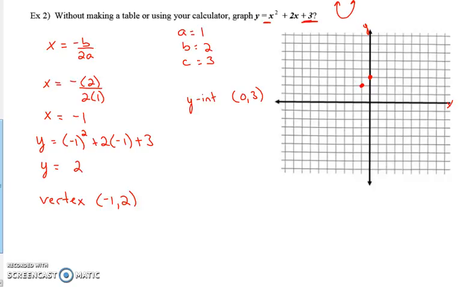And since parabolas are symmetric, I know that I'm going to have another point at -2, 3 to reflect the y-intercept point. And now I can start to see the makings of my parabola. Now, of course, this is just a sketch of this parabola. If we wanted to be more exact, we would use the graphing calculator and make a table for this parabola.